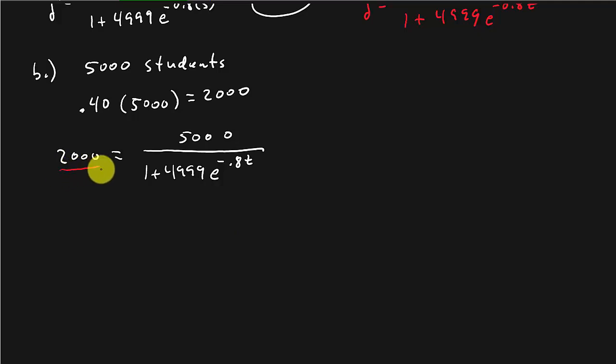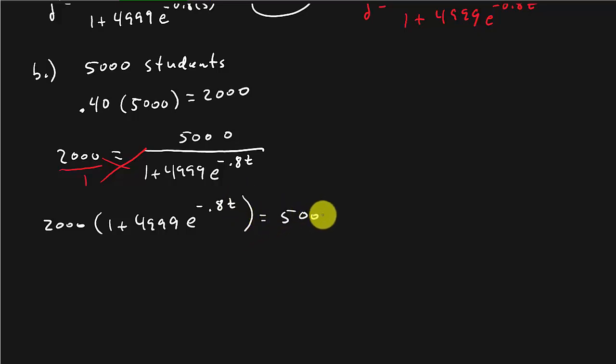All right, so we can look at this as being over 1, and we can cross multiply. That's going to give me 2,000 times 1 plus 4,999 e to the negative 0.8t is equal to 5,000. All right, there's a couple ways we could do this.